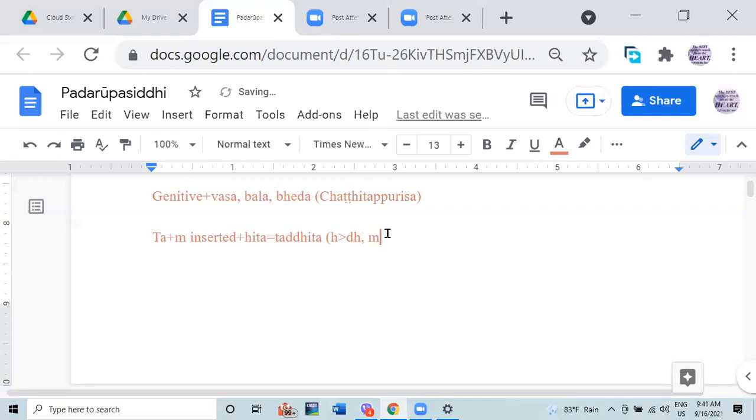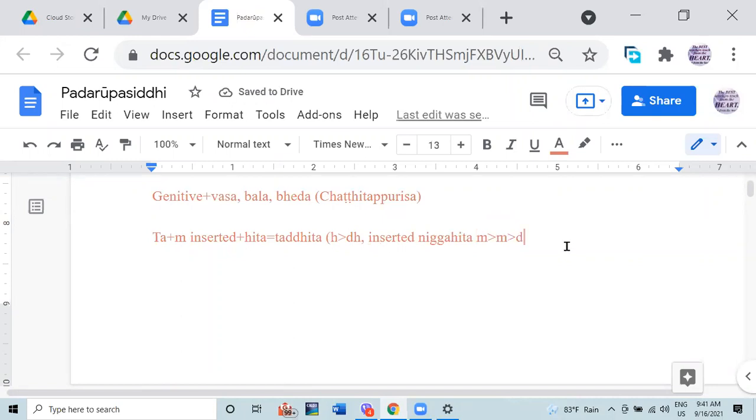Ma, yes, inserted ma, inserted nikita changes to ma. This ma again changes to da.